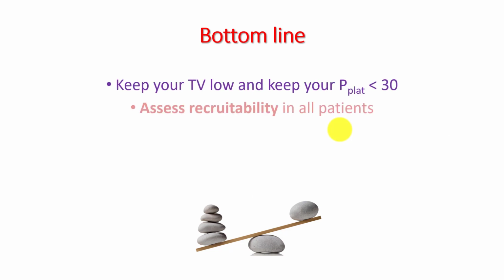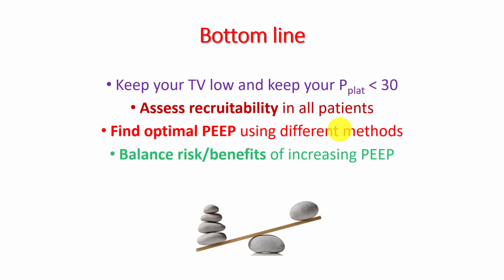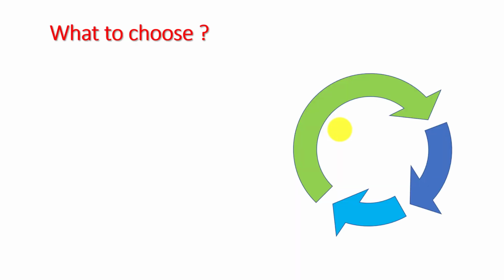So bottom line, keep your tidal volume low, keep your plateau pressures less than 30, assess the recruitability in all patients, find your optimal PEEP using different methods that we talked about, and then balance the risk and benefit of increasing PEEP. And you want just enough PEEP to oxygenate and minimize the ventilator-induced lung injury.